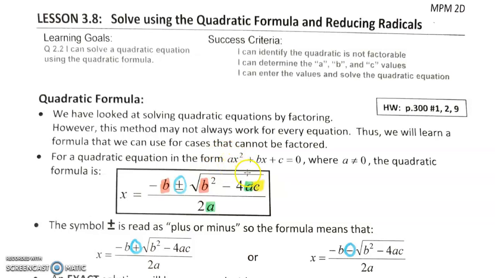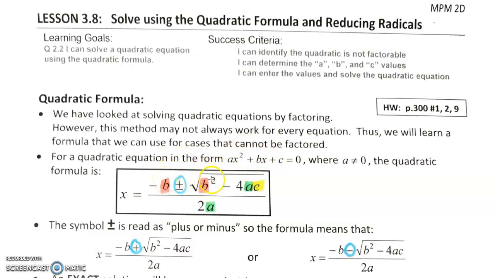That number is going to be substituted wherever you see an a in the quadratic formula. Now, your b value is the number in front of the x value. I don't really care about x, I just care about the number. That number is going to be placed wherever you see a b.